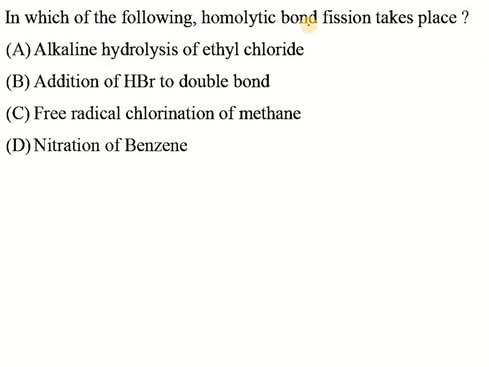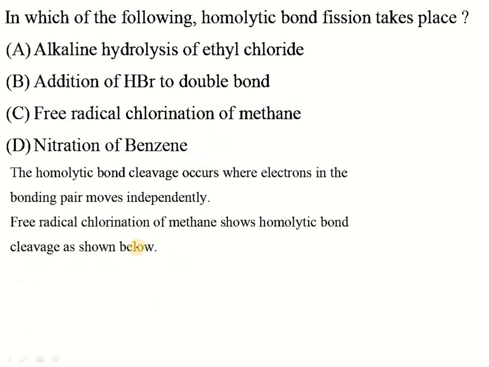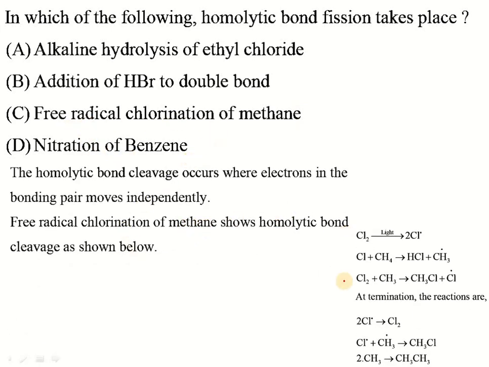In which of the following does homolytic bond fission take place? Usually in the free radical mechanism of chlorination of methane, chlorine free radicals will be obtained according to this homolytic fission. So free radical chlorination of methane is the right answer.